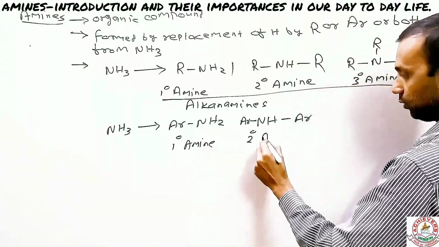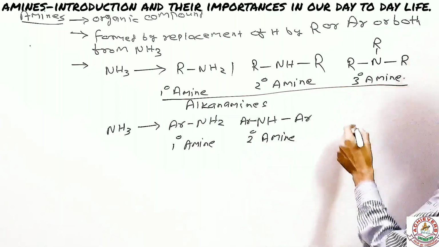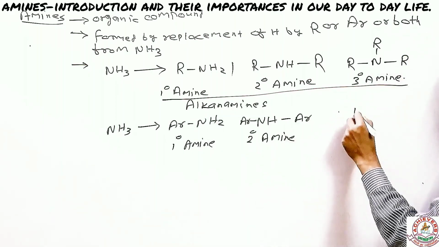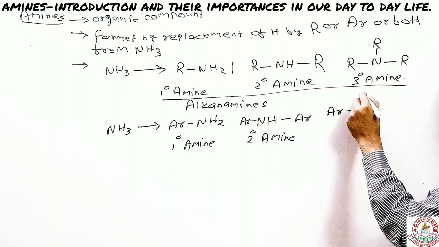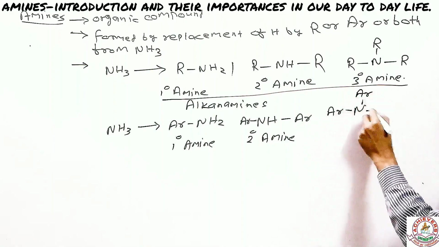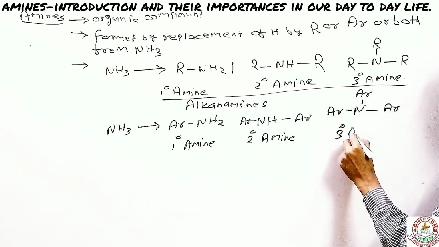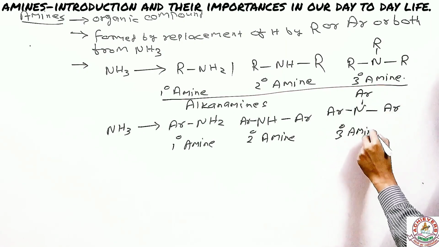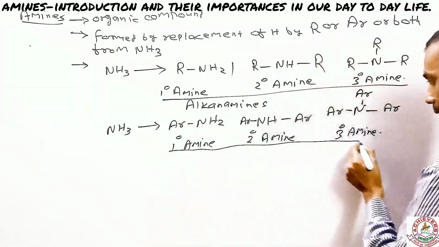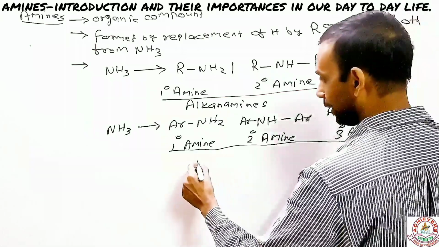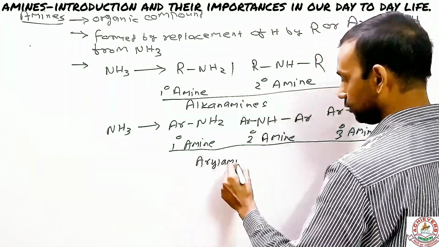And similarly, this may be something like this. So this is your 3 degree amine. Now this is called aryl amine.